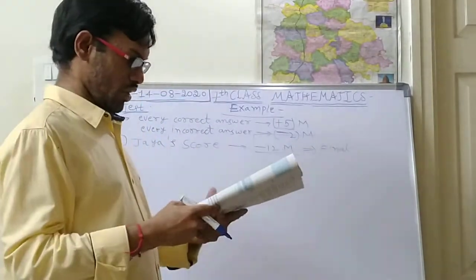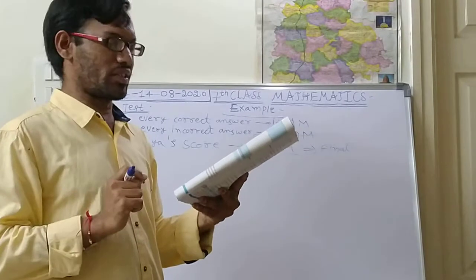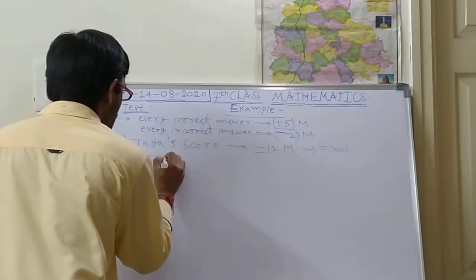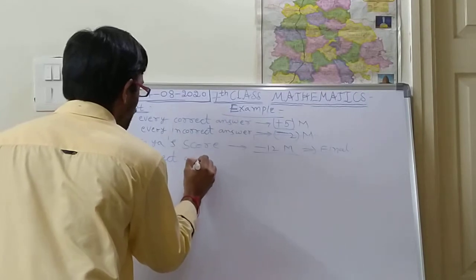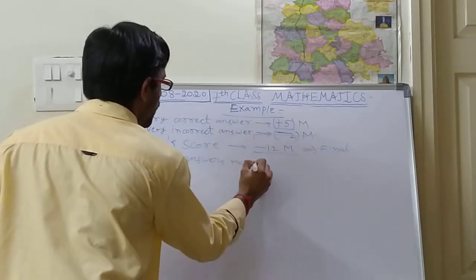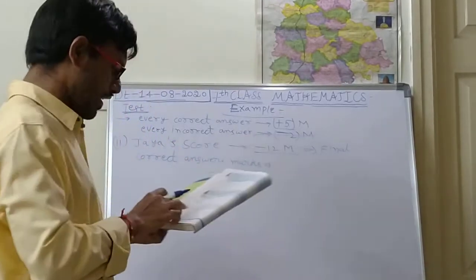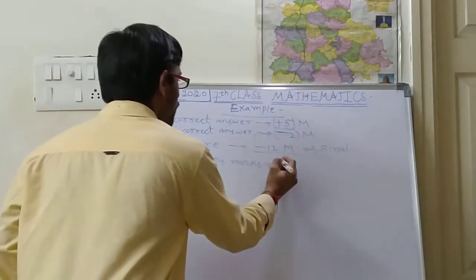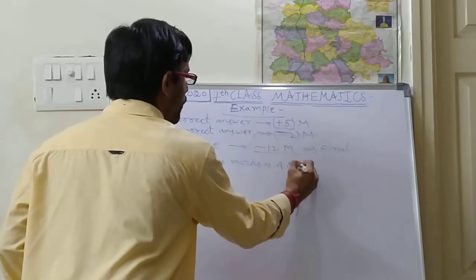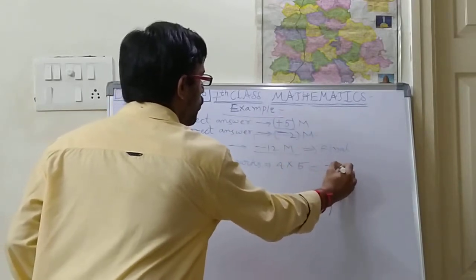Now, through 4 correct answers. How many correct answers has she written? She wrote 4 correct answers. For each correct answer 5 marks. So 4 into 5 is 20 marks.